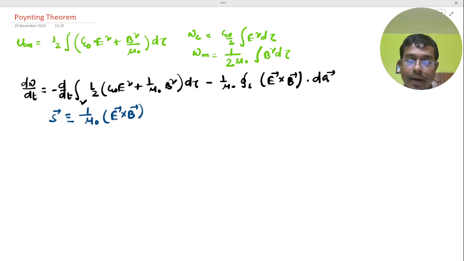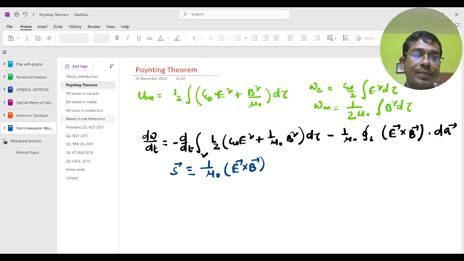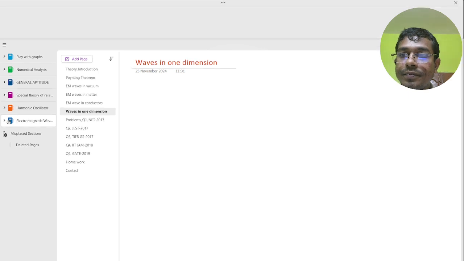And after that we go through some terminology, waves in one dimension.